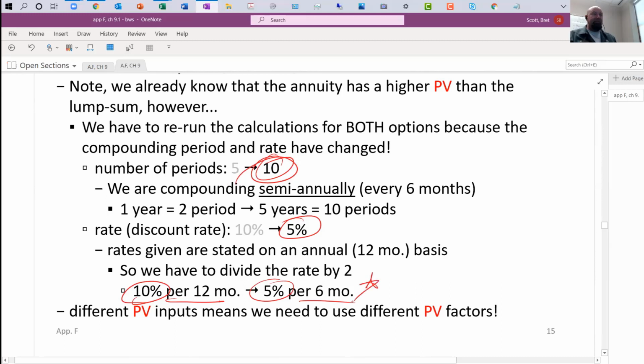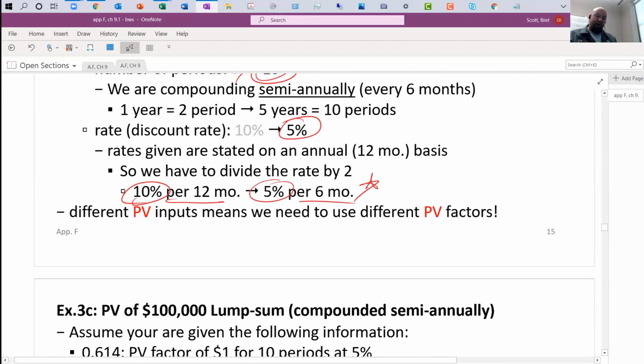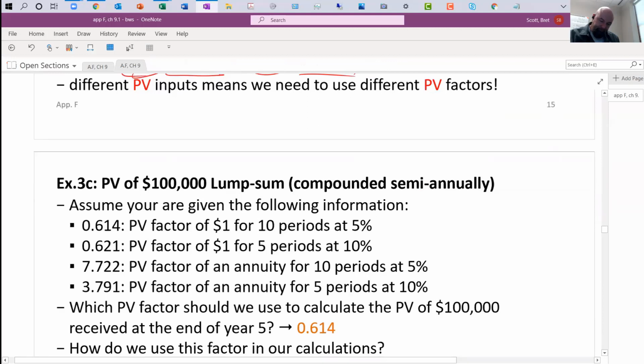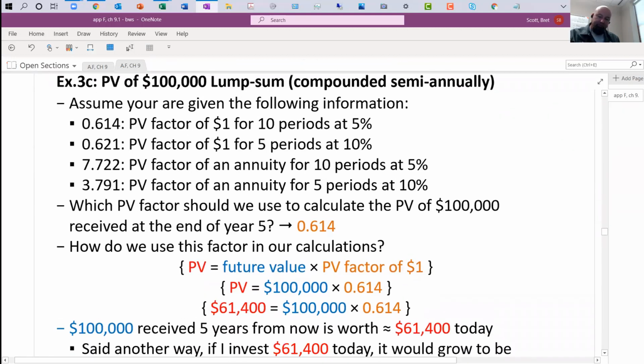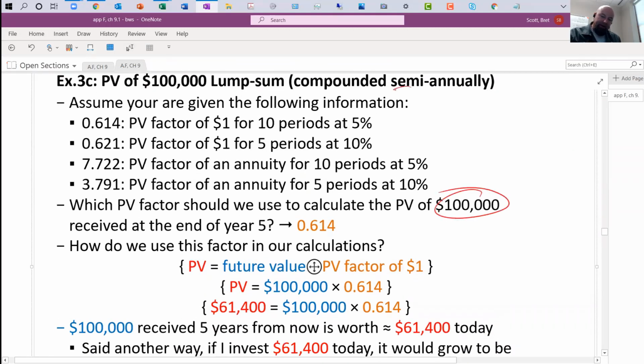This is the key thing that people tend to miss on the exam, knowing which factor to use. It's a 5% interest rate, 10 is our number of pay periods. So if we're talking about the present value of a single amount, semi-annually, read this carefully.